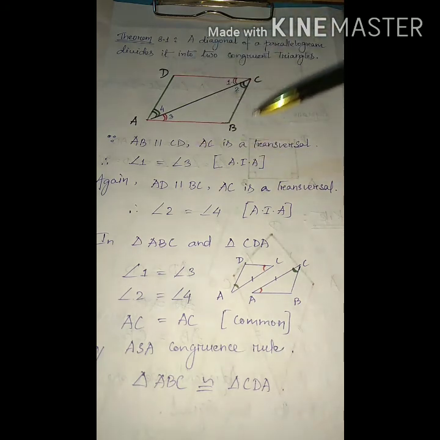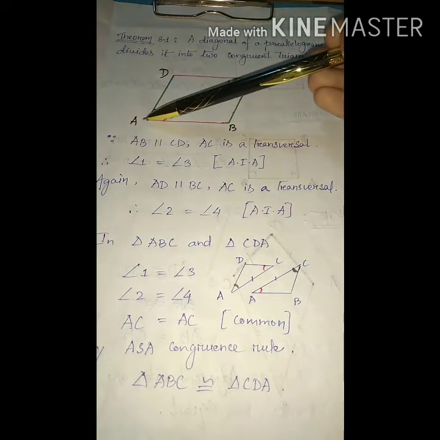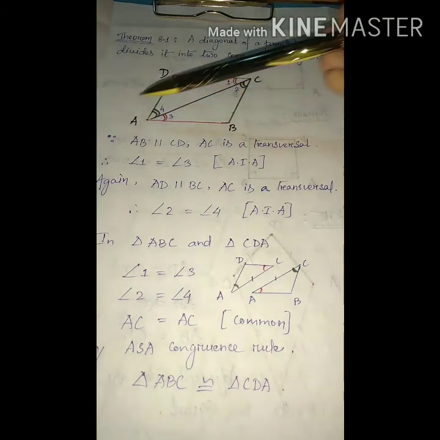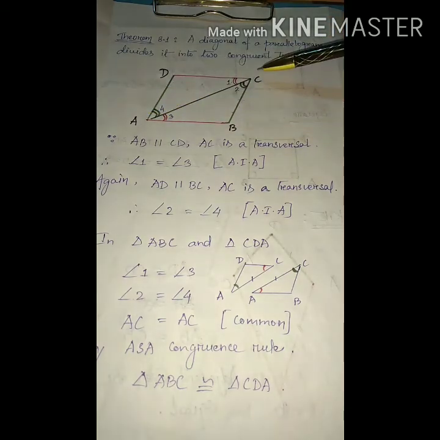Reason: AIA, that means alternate interior angles. Similarly, AD is parallel to BC, the green lines. If AD is parallel to BC, then again AC is the transversal. Now in this case angle 2 and angle 4 are what? Alternate interior angles. So that's why we write this here.